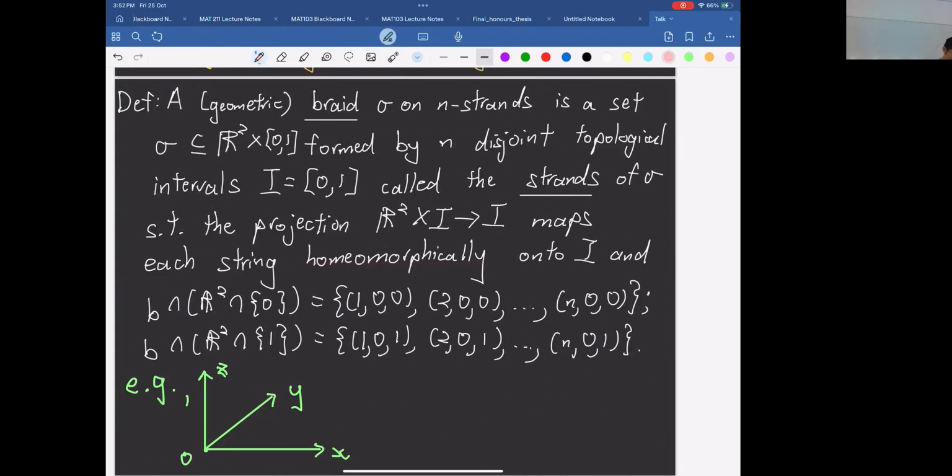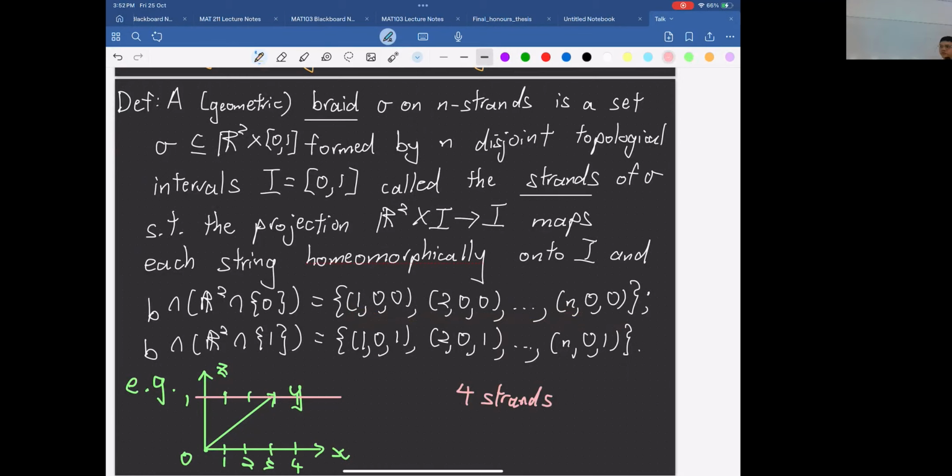What is an example of a braid? Let's draw a 4-strand braid. With 4 strands, we have these integer points, 1, 2, 3 until n. So basically, we mark the points 1, 2, 3, 4 here, and here as well.